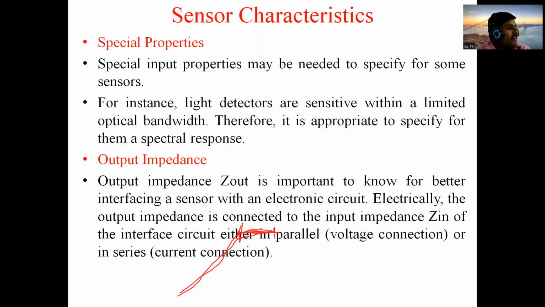That means the bandwidth of that red color is one type of amplitude or one type of property of that red color. Then it is very sensitive to our eyes. Similar to that, if there is a light detector, then it is sensitive within a limited optical bandwidth. Therefore it is appropriate to specify a spectral response.